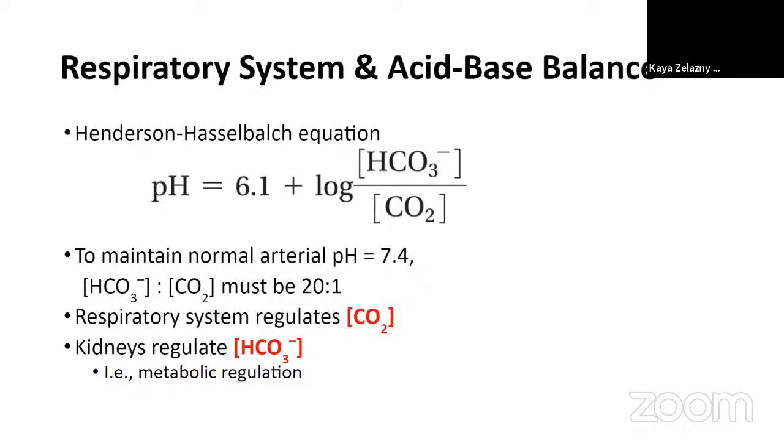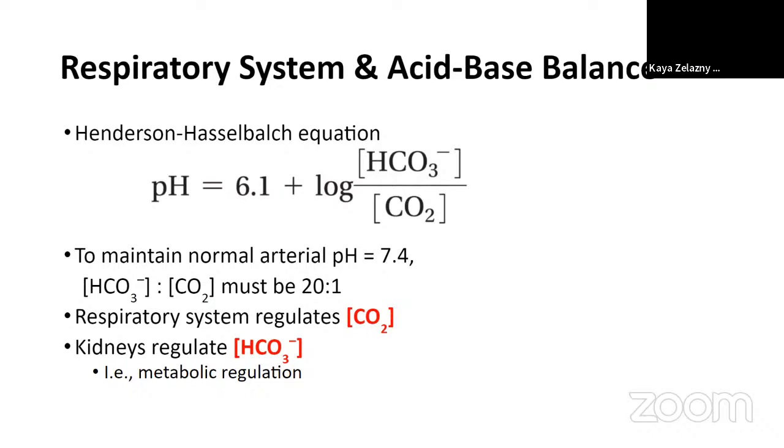If we wanted to actually calculate the pH, which I will not make you do, we could, using our concentration of bicarbonate ions and carbon dioxide. pH is 6.1 plus log of our bicarbonate ions divided by our amount of carbon dioxide, which is what we would measure if we were thinking about the respiratory system.